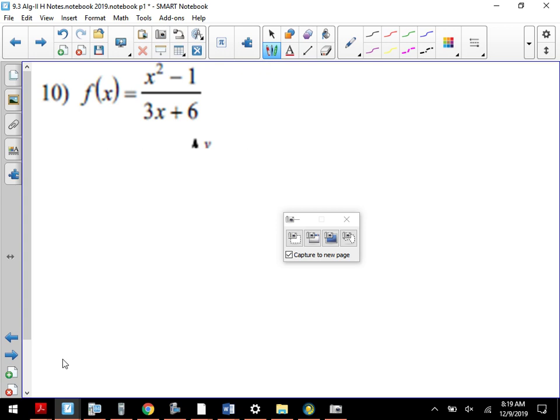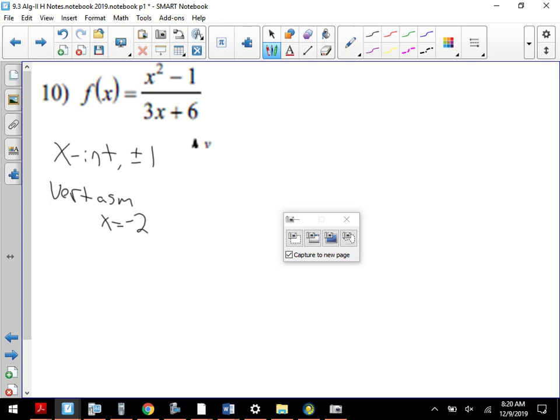Again, guys, x-intercepts at plus minus 1, vertical asymptote at -2. And then, since the degree in the top is 1 more than the degree in the bottom, we have no horizontal asymptote, but in this case we have the slant.